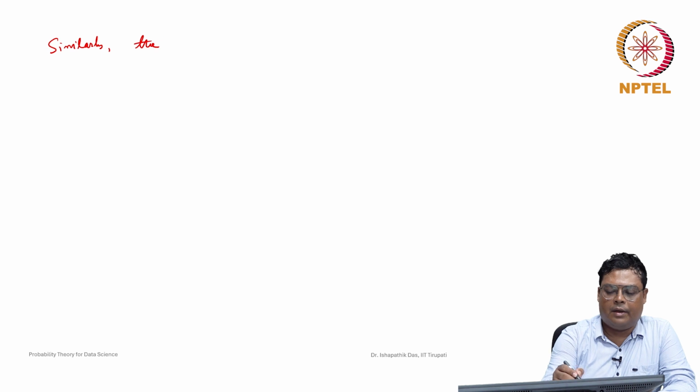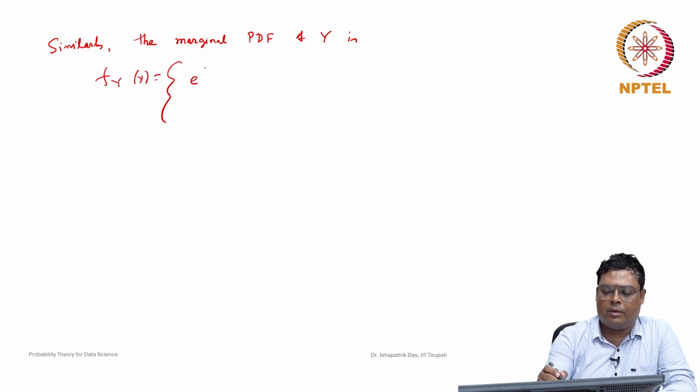So similarly we can find the marginal probability density function of y: f of y is b e to the power of minus by whenever y is greater than 0 and less than infinity, 0 otherwise.